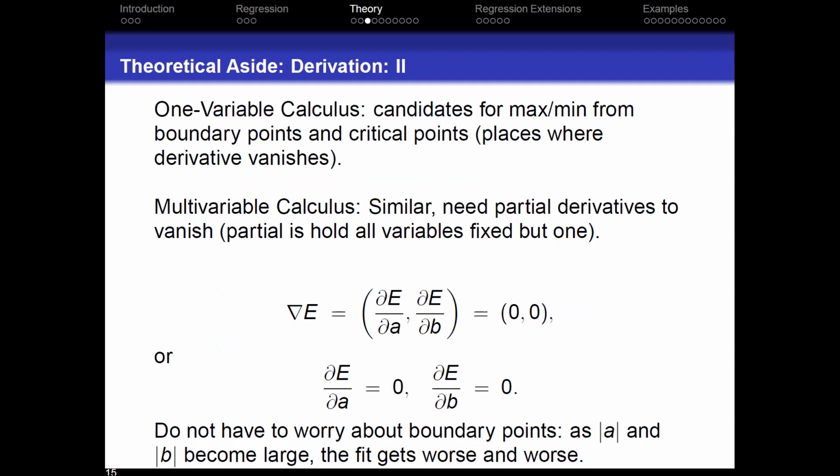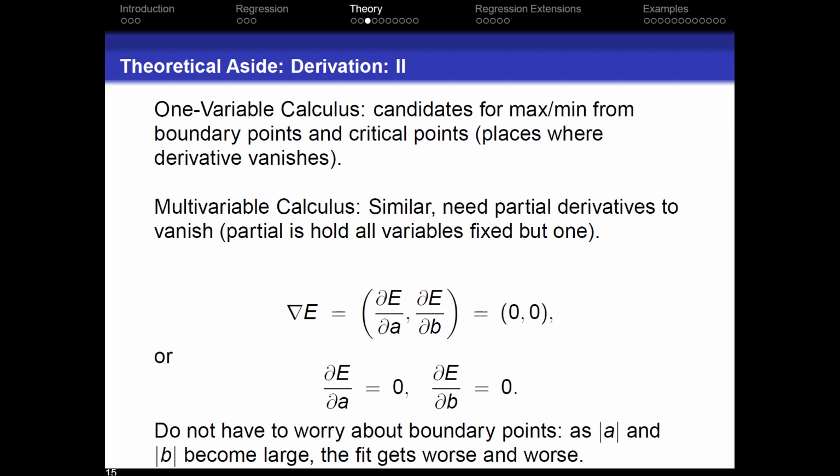And so in one variable calculus, the candidates for the maxima and the minima are places where the first derivative vanishes, the critical points, and then the boundary points. And so we do something similar here. Because we have two variables, we want the partial derivative in each direction to be 0, or we have to be on a boundary. Well, A and B can go off to plus or minus infinity.